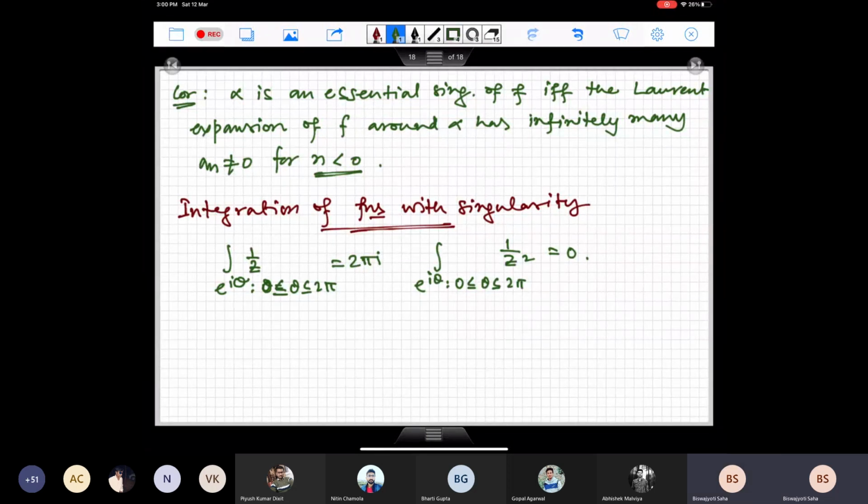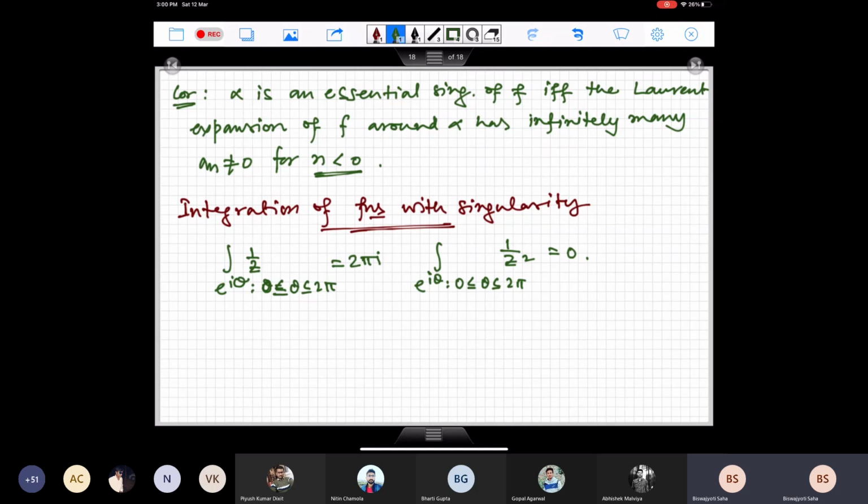Now notice both 1 upon z and 1 upon z squared have a polar singularity at z equal to 0, correct? But the behavior of 1 upon z is slightly different from the behavior of 1 upon z squared.